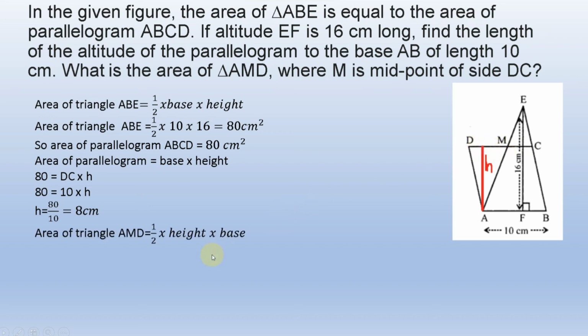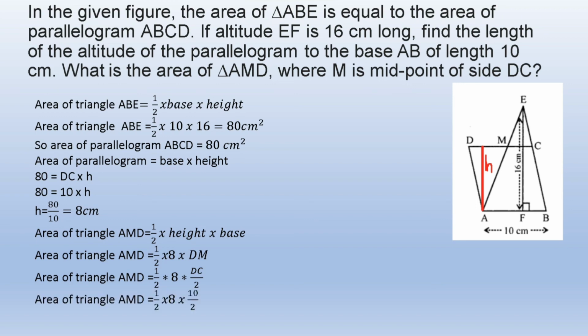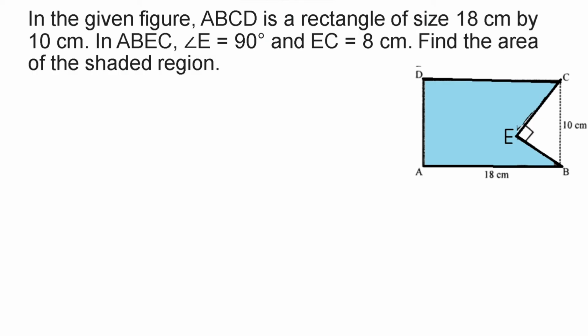So now half into base into height. Now here I can write half, height is 8 we have calculated, and DM is your DC by 2. Now in place of DC I can write 10 by 2. Now calculating this I will get the area of AMD, that is 20 centimeter square. Let's move on to the next question.